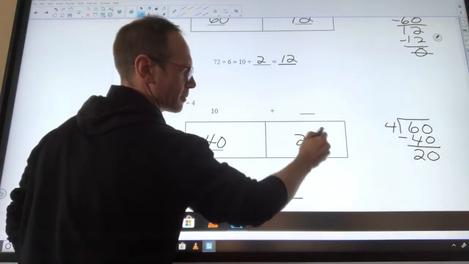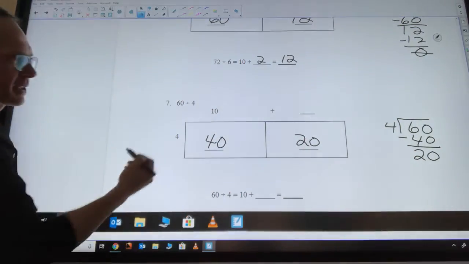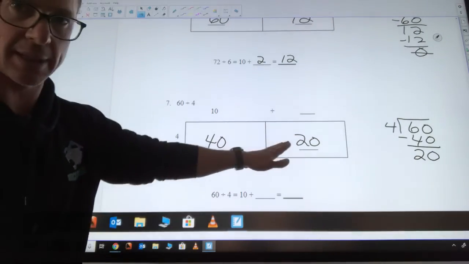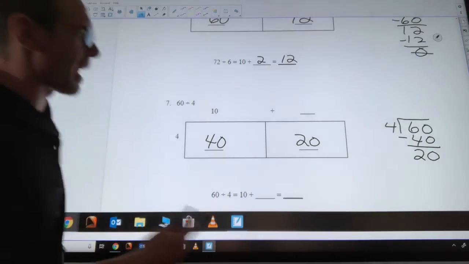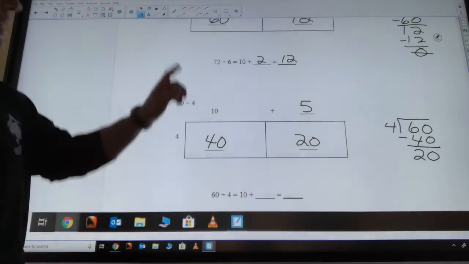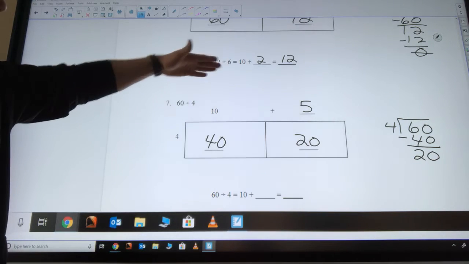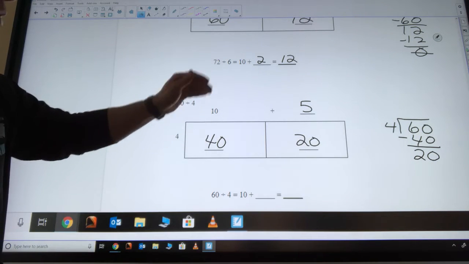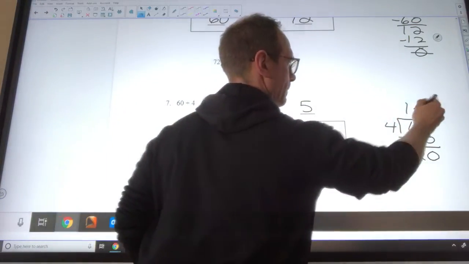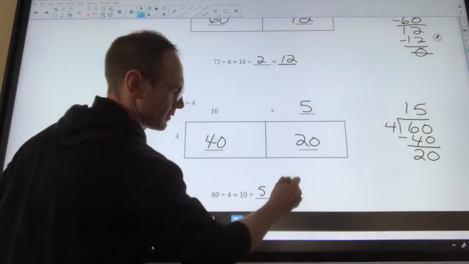So there's my 20. 40 and 20 is my 60. Now my question is 20 divided by 4. How many 4s does it take to get to 20? Well, it's 5. 5 times 4 is 20. So if I have 10 plus 5, that's 15. 15 times 4 would be 60. So 60 divided by 4 would be 15. 10 plus 5 is 15.